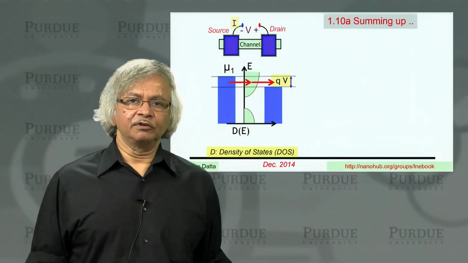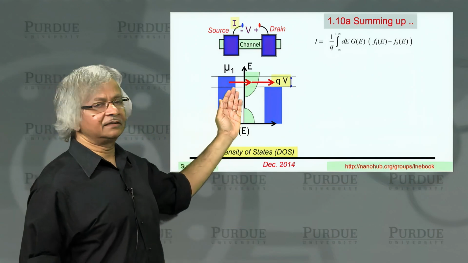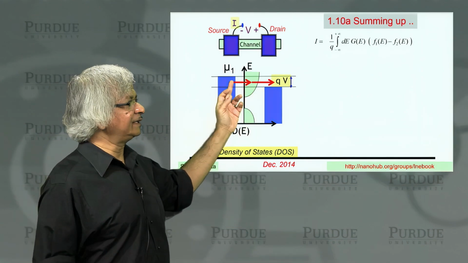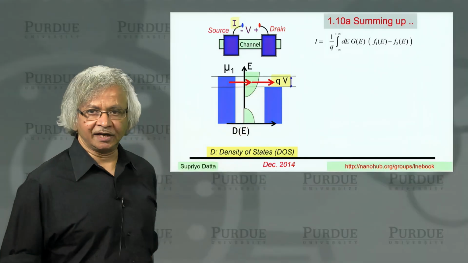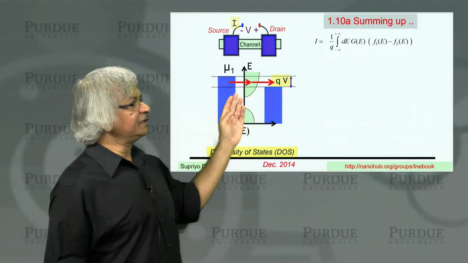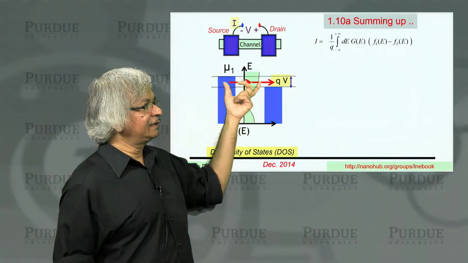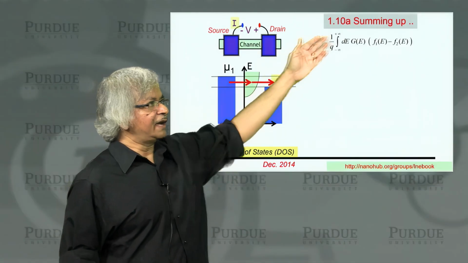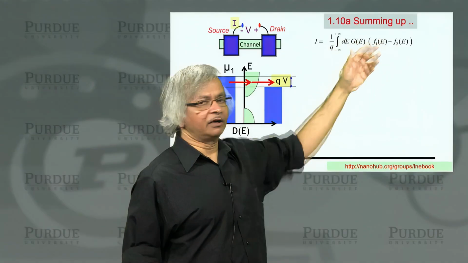And then what we showed is that if you use this idea of elastic transport, that is, electrons go from one contact to another without changing energy, then you can write the current at any energy as some conductance function times the difference between f1 and f2.